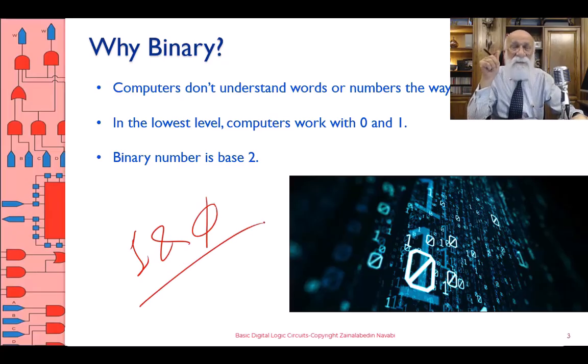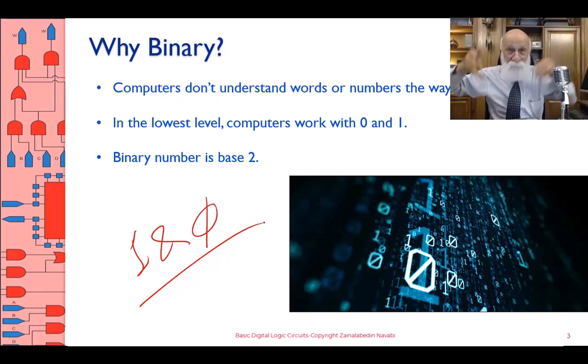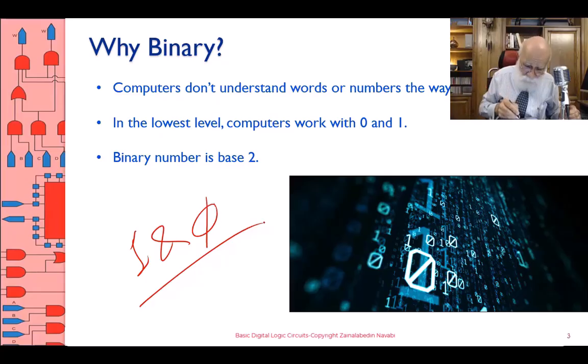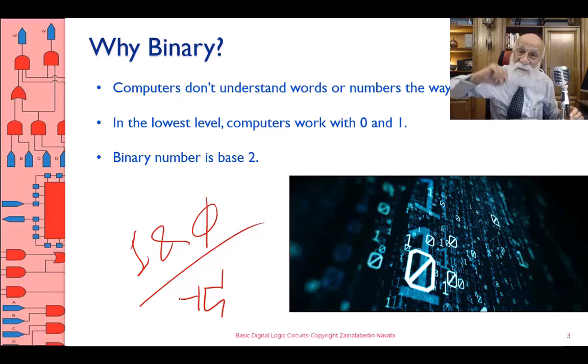What's the reason for this? The reason is that, as we have discussed already, when you look at a very complex system, when it comes down to the actual hardware, that actual hardware is a transistor. And this transistor behaves in a switch fashion, meaning it's on or off, because the base of all digital systems is a transistor.